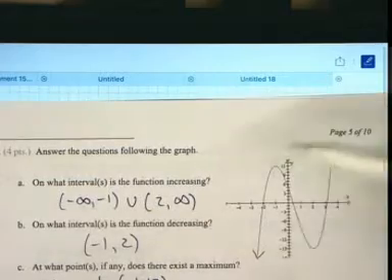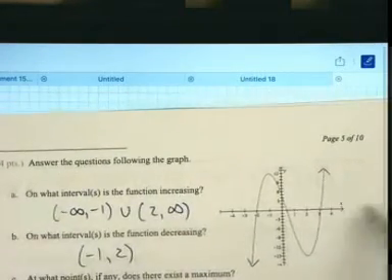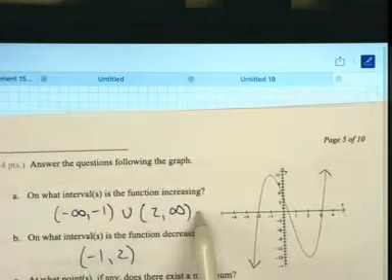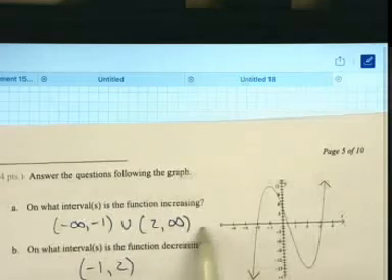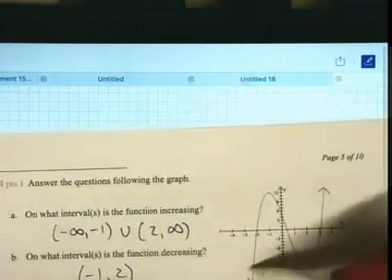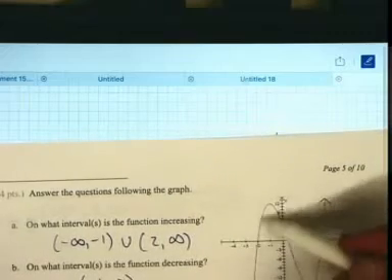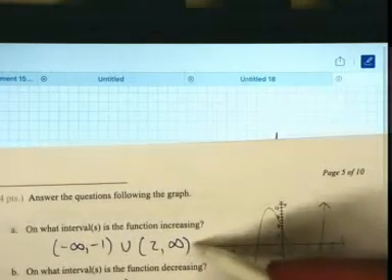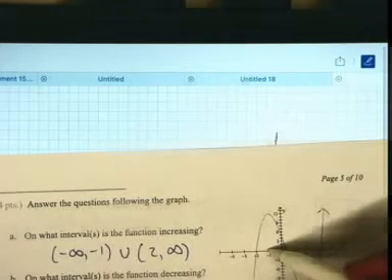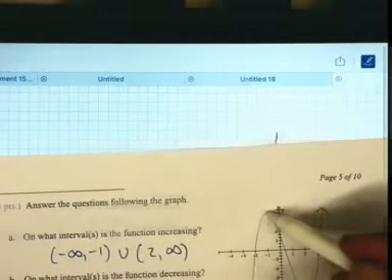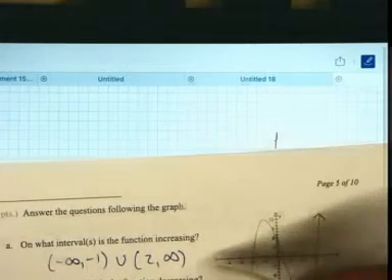the function going down? So as I read the graph along the x-axis, way back over here at negative infinity, as I start approaching 0, my graph is going up. The graph is increasing as I read the graph from left to right. And the graph is increasing from negative infinity all the way up to x equal to -1, where all of a sudden the graph transitions to going down.